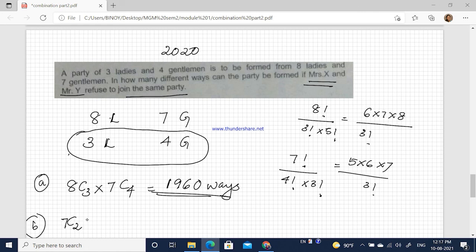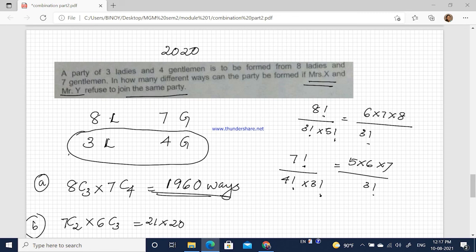So it will be 7C2 times 6C3. That is 7 factorial divided by 5 factorial by 2, which is 21, times 6 factorial divided by 3 factorial divided by 3 factorial again, which is 20.